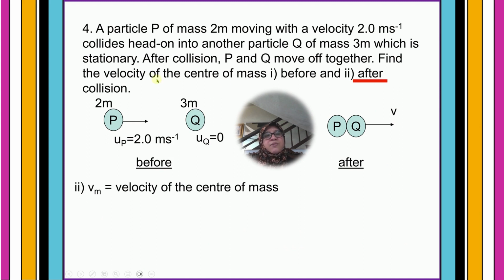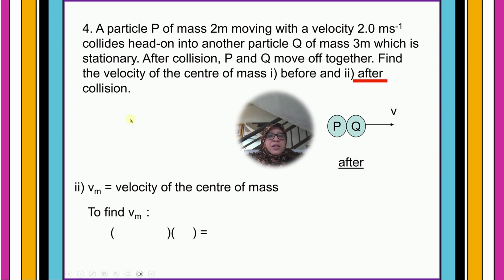We are going to find the velocity of the center of mass after collision. So we can forget about before collision now, because we are going to concentrate on after collision.